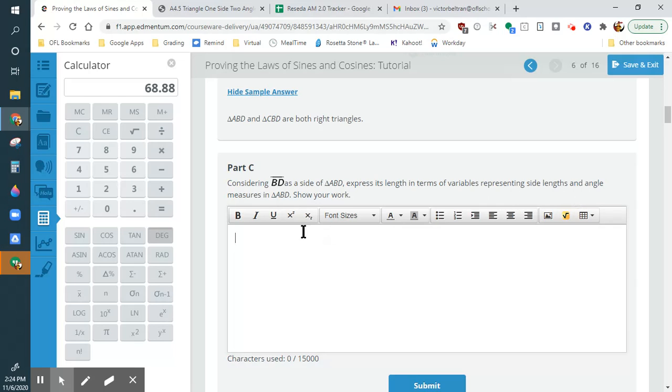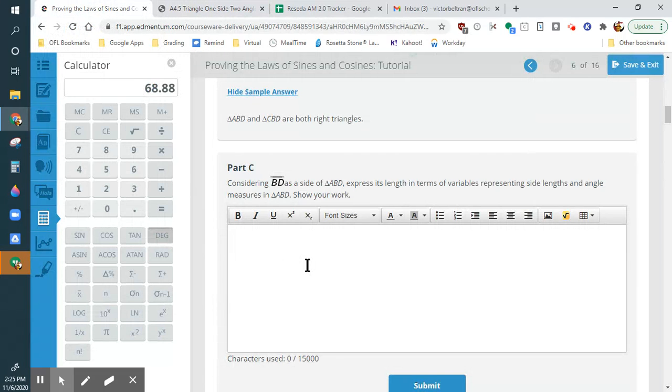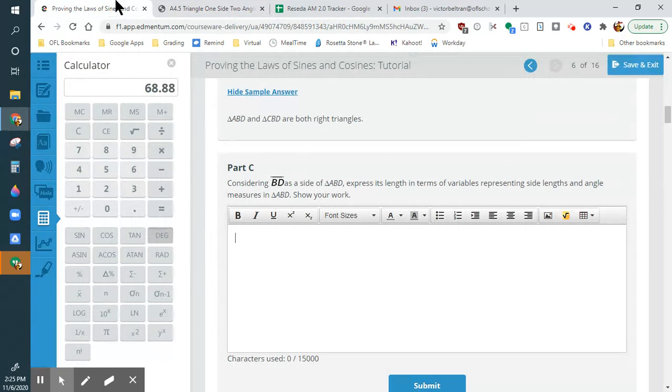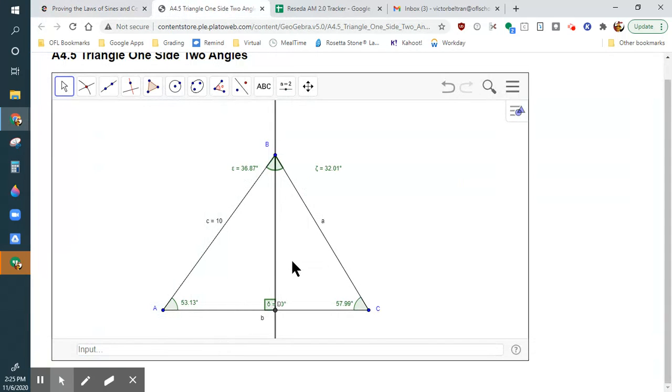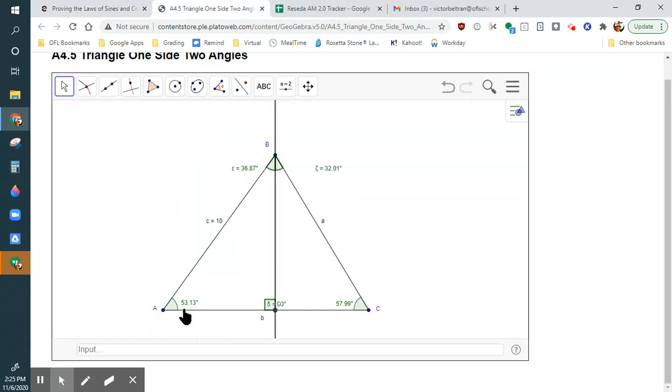I'm assuming what they're saying is so BD, I can say something like, let's see here. Well, here's a C and here's a BD. So if I wanted to say this, this is the opposite. So I'm going to say sine of the degree is this.